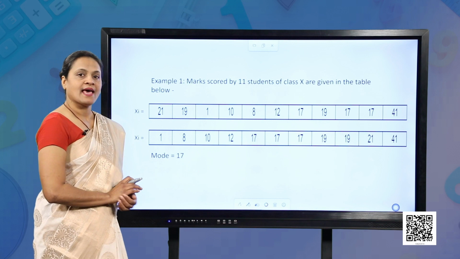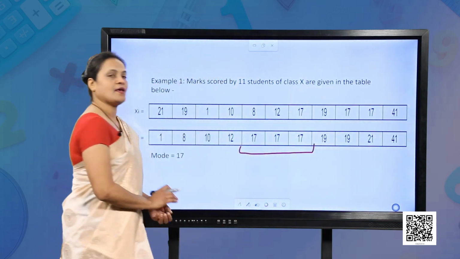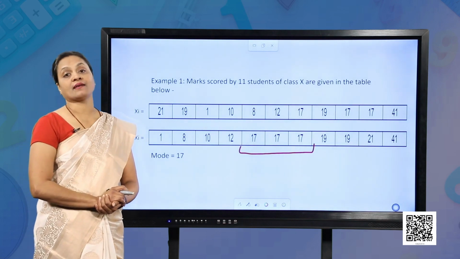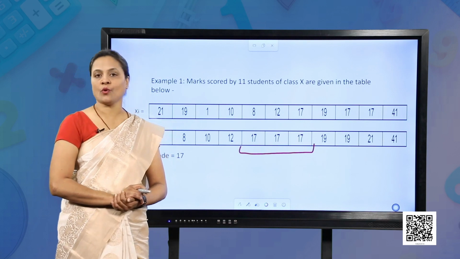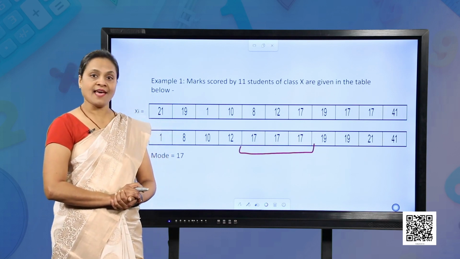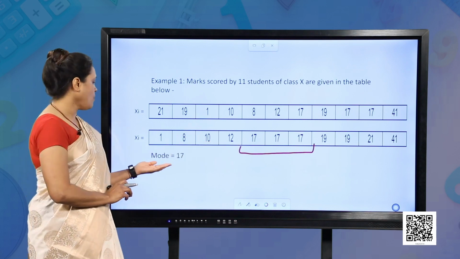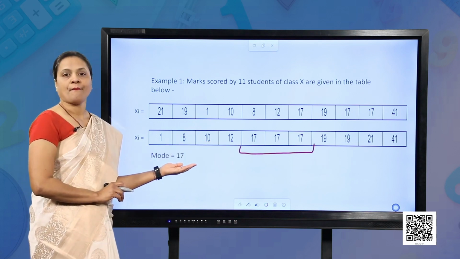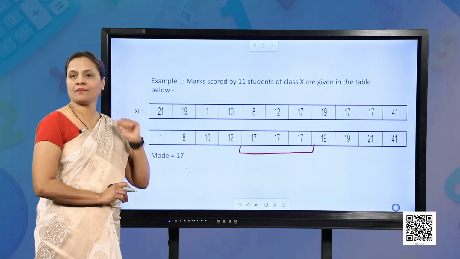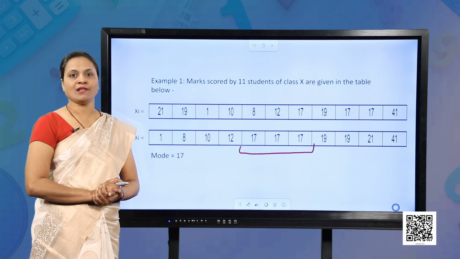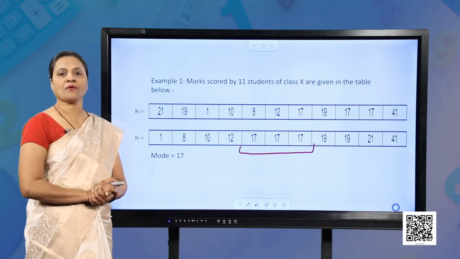This gives me an idea that there are 3 students scoring 17 marks, which is the maximum number of students scoring the same marks. Therefore, for this data, the mode is 17, because these are the marks scored by the maximum number of students. We can also say these are the marks having maximum frequency.